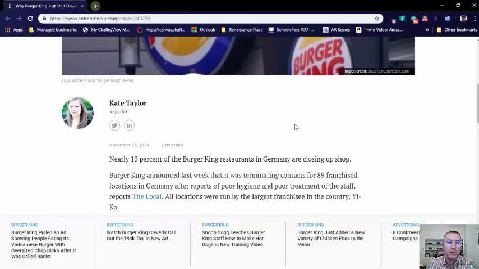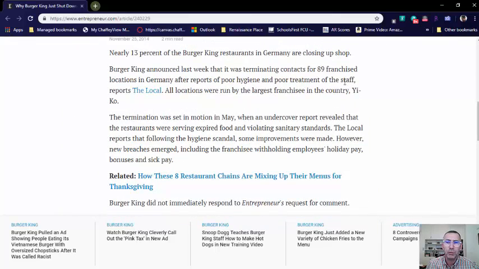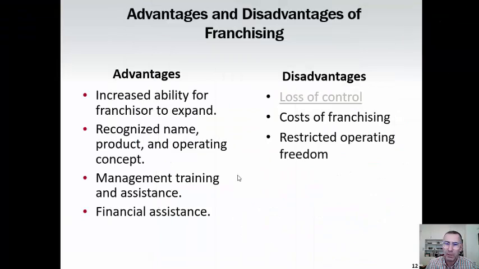This happened a few years back in 2014, because of poor hygiene, poor treatment of staff, etc. If you think about that example, Burger King didn't have any control over how its franchisees were operating, or it didn't exercise the control. And that really hurt the brand, right? If you want that brand equity in Germany, and this makes the headlines, that's not good for business.